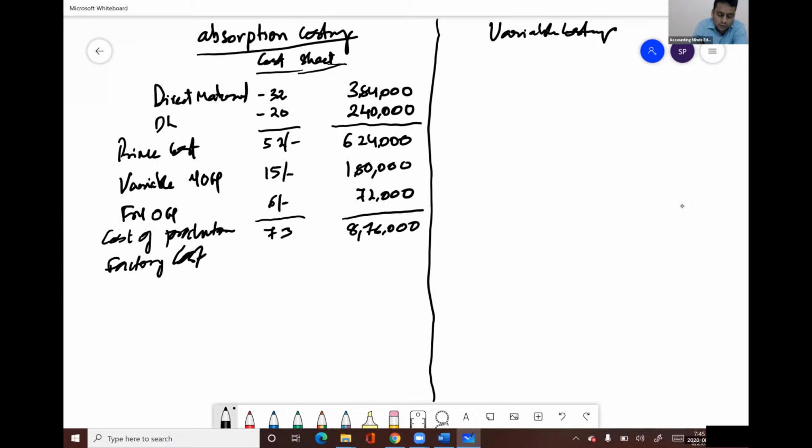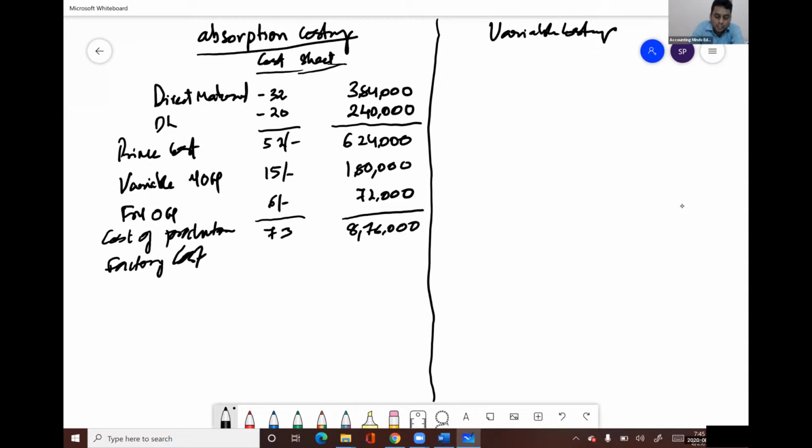You can say net factory cost also because work in progress and all are not given. Right, guys? Now, what do we have now?